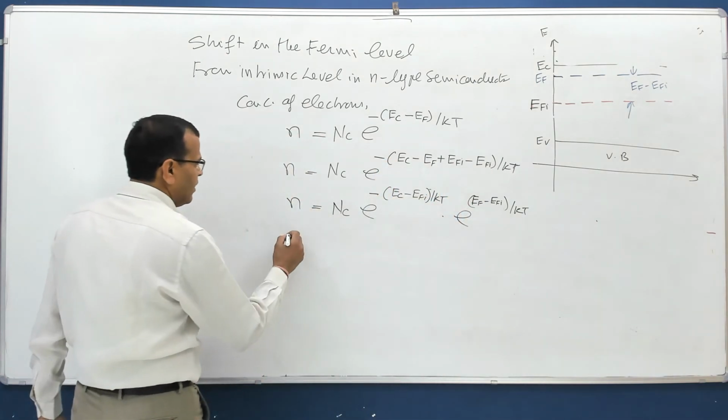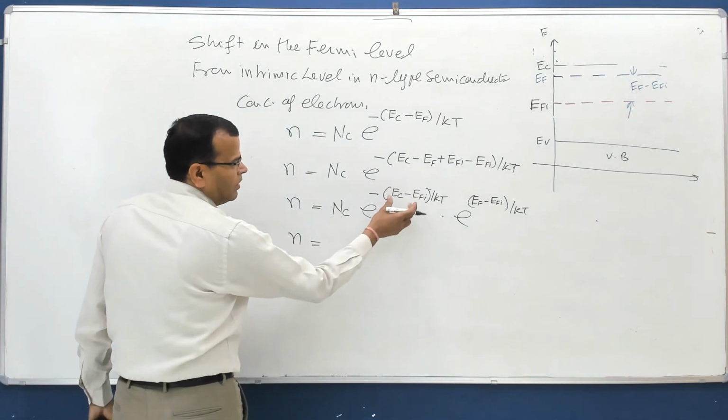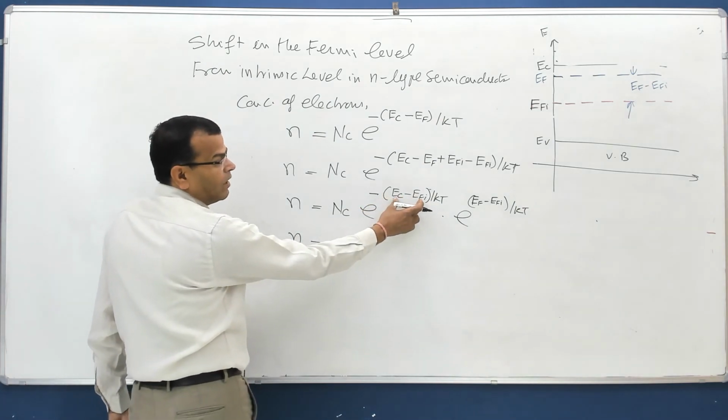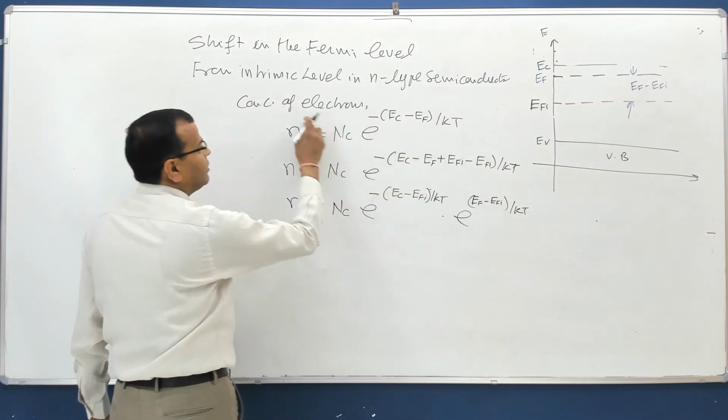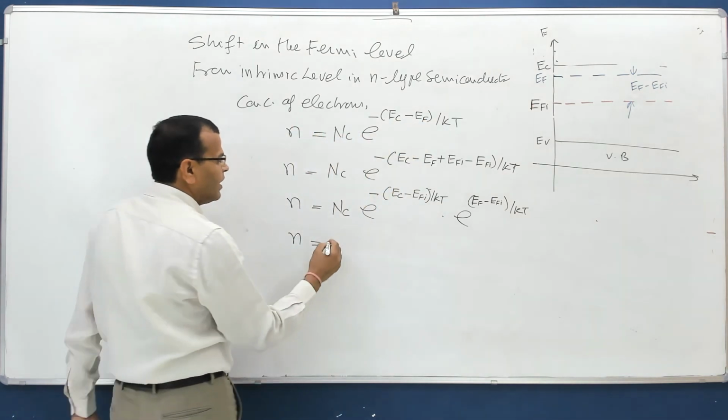Now this is something like taking the intrinsic level, EC minus EFI, and comparing with this. If it is EFI, this becomes ni, the intrinsic carrier concentration.